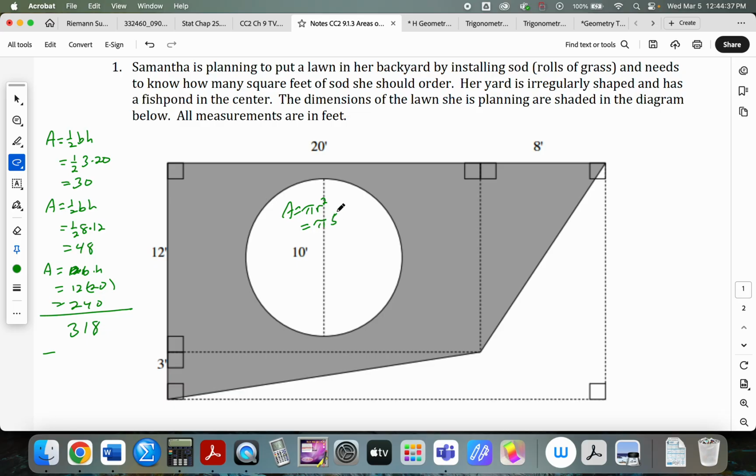So it'll be pi times 5 squared, which is 25 pi. If you estimate 25 pi, it comes out to be 78.5, thank you. So this ends up being 239.5 square feet.